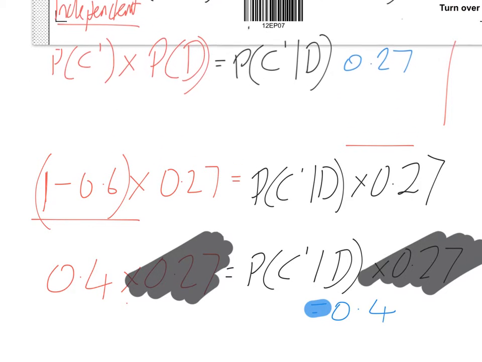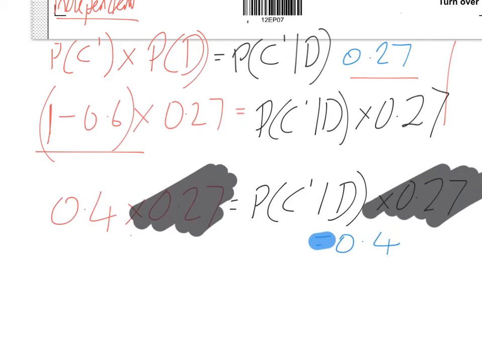But you could have gotten there much faster, because for the probability of not C given D, since those two events are independent, that means D doesn't affect whether C happens or not. It also means D doesn't affect whether not C happens or not.